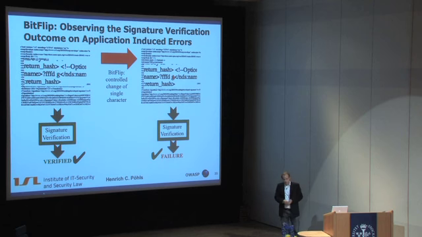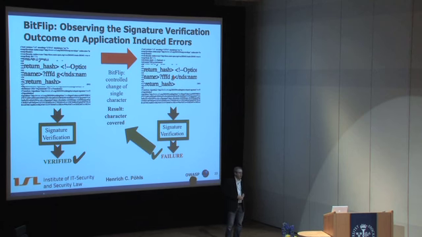If the signature process would report a failure, so changing something there would mean that the signature verification fails, then the result would be, okay, somehow this character is involved in the signature verification process. So this character is covered. And that's as simple as BitFlip works.